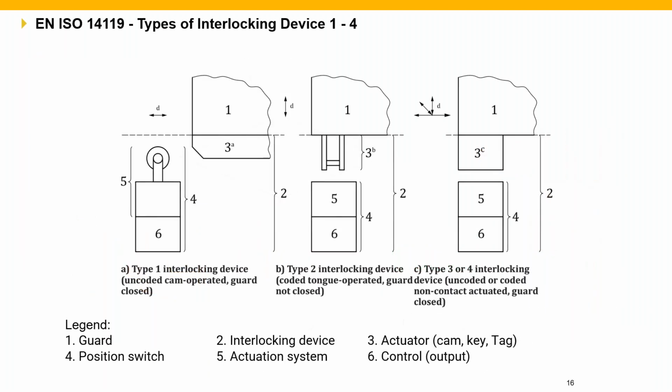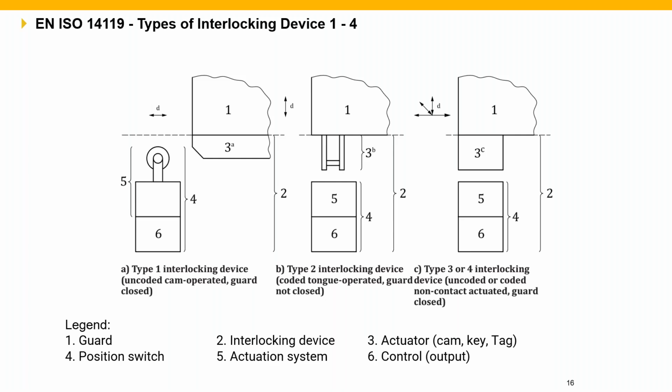So I've mentioned types, and if we consider types 1 to 4, the picture on the left is for a type 1 device. This will be something like a cam operated limit switch, a roller lever switch, or a whisker arm that comes along and is actuated by a fixed actuator.